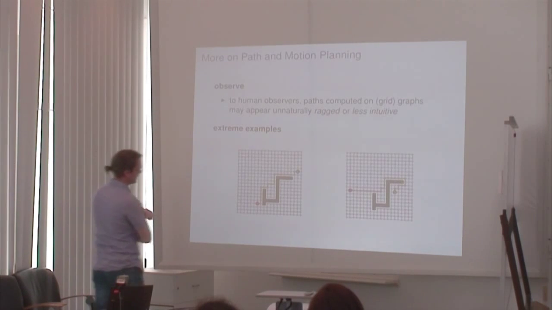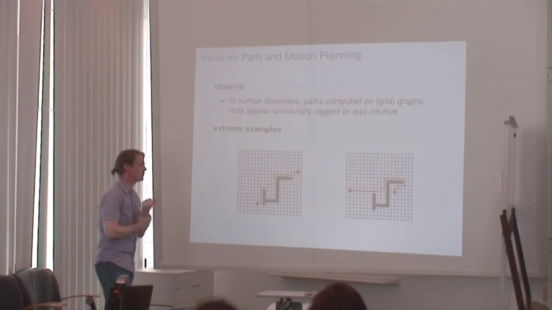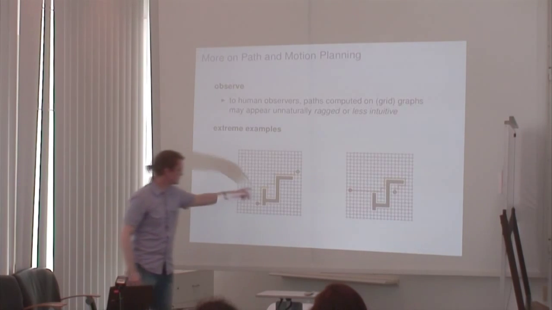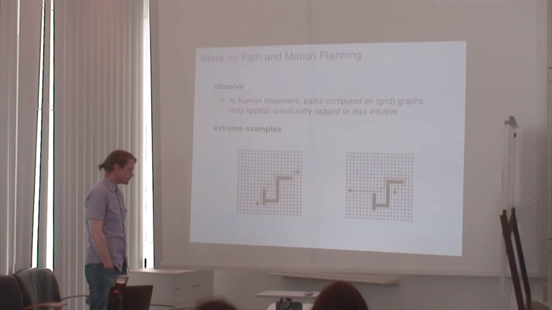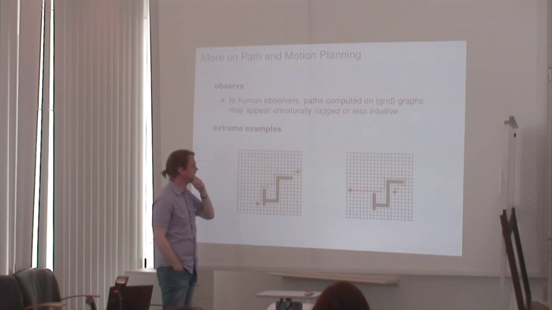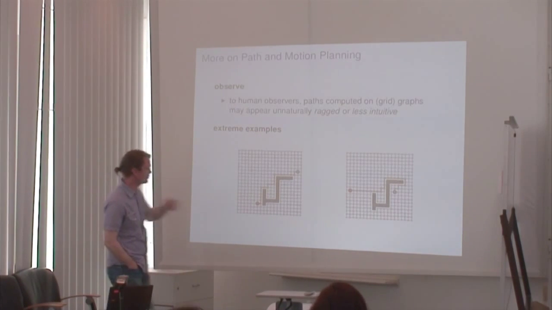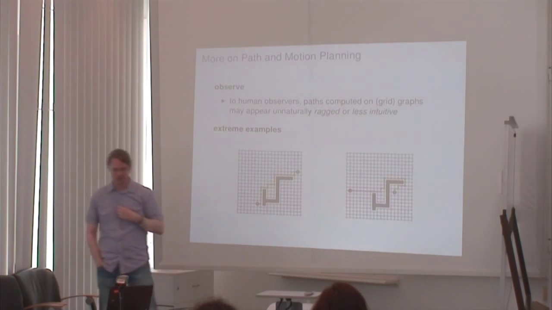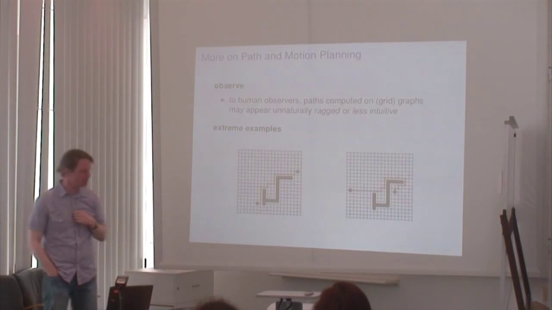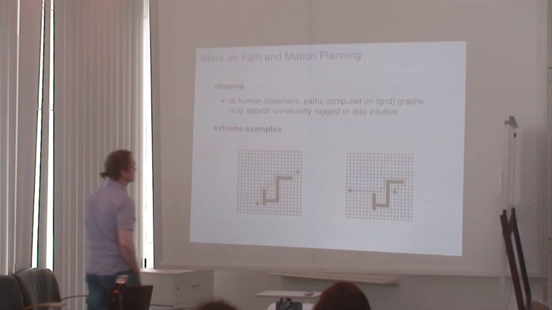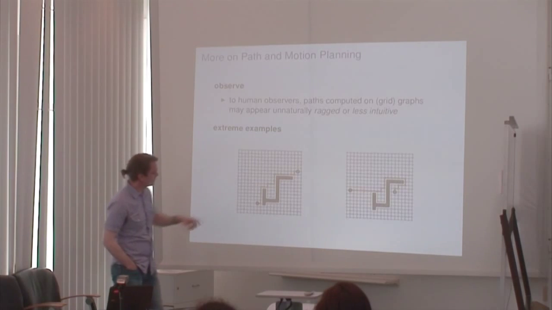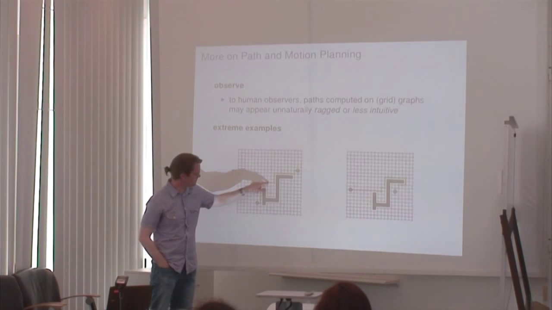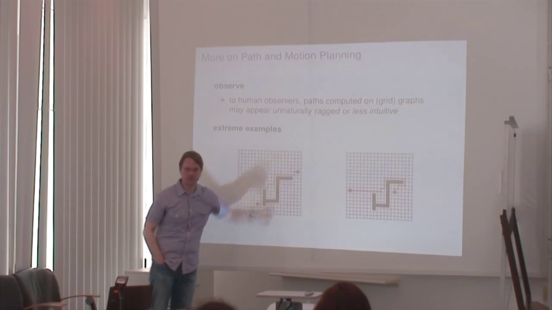This map is basically a grid graph, almost a perfect lattice. These are distortions here, but this is a two-dimensional grid with a couple of nodes removed, and the problem would be to move from here to there. And we now know how to plan a path from here to there, and if we run the A star algorithm, it produces this path.